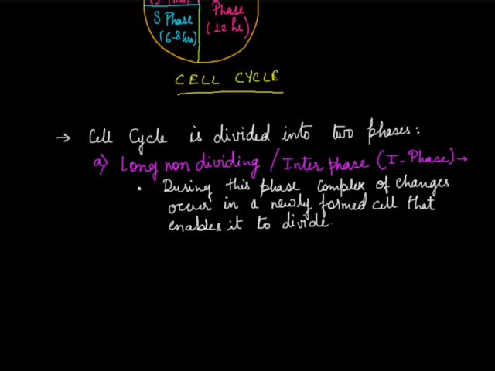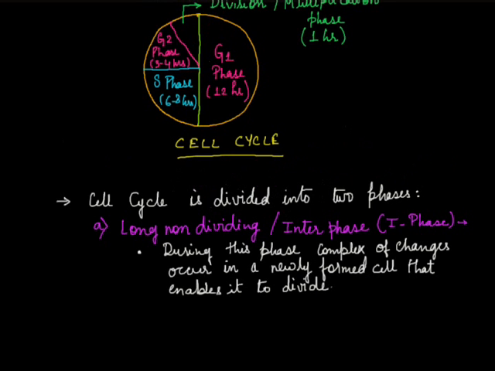As I said earlier, this long non-dividing phase or the interphase occurs in 3 steps. What are these 3 stages?